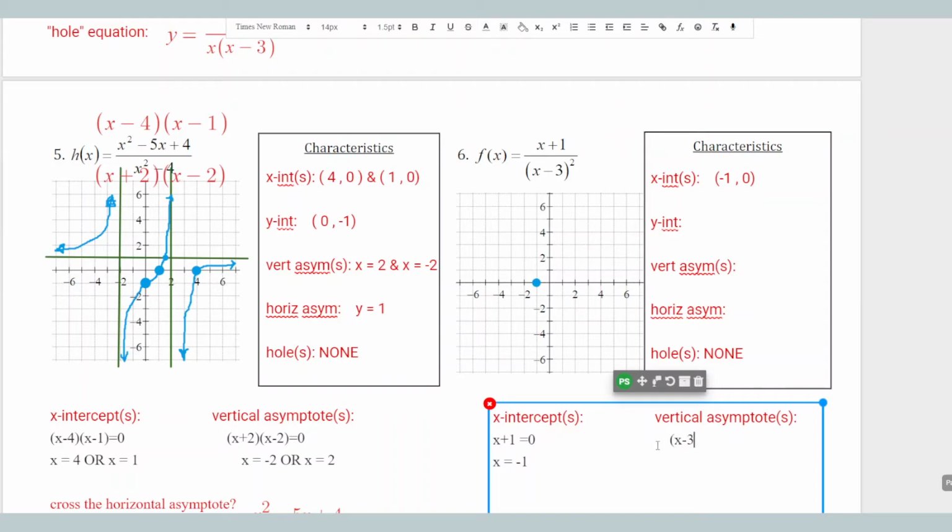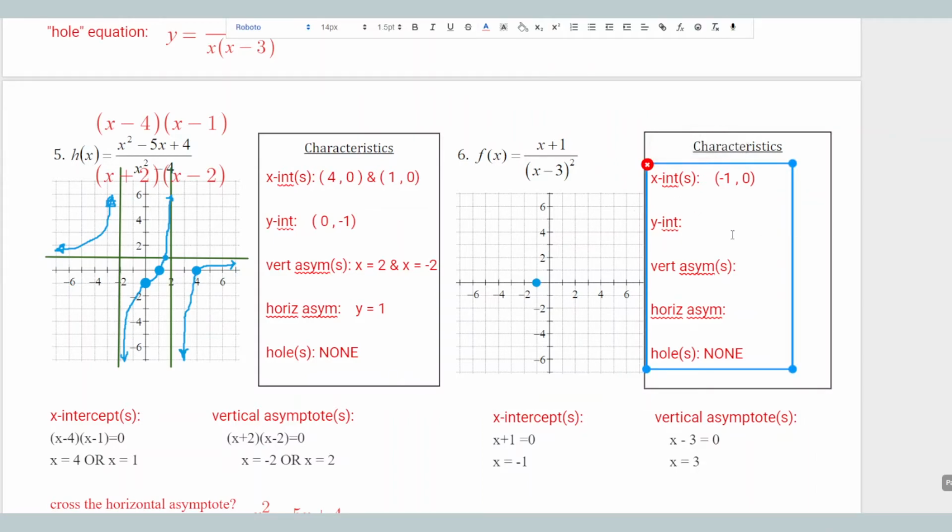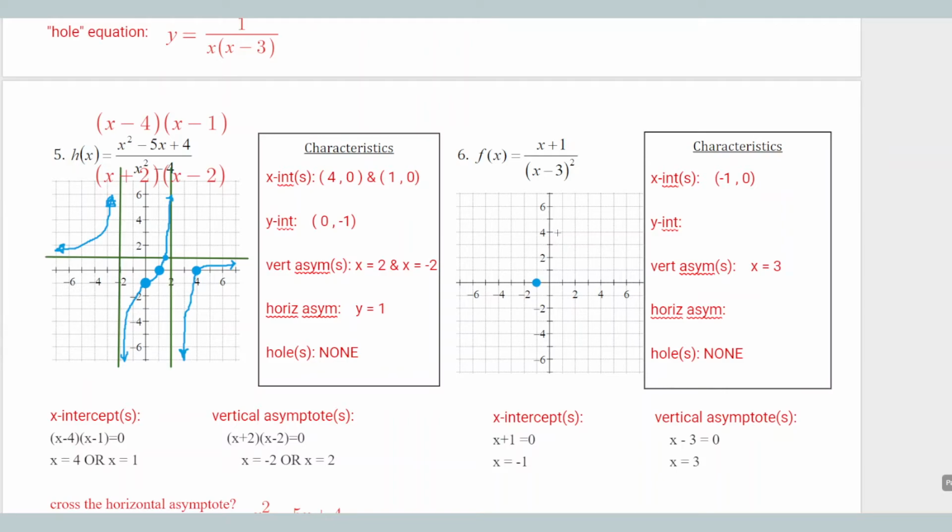My first step is to take the square root of both sides, so I get x minus 3 equals 0. And so I do get a vertical asymptote at x equals 3. So I'm going to draw my vertical line at x equals 3.